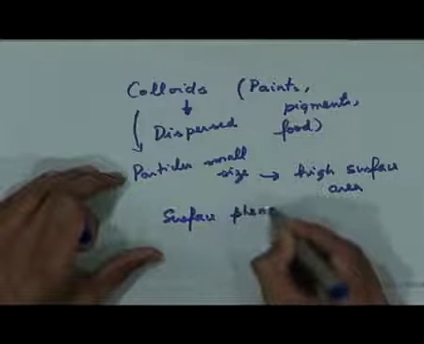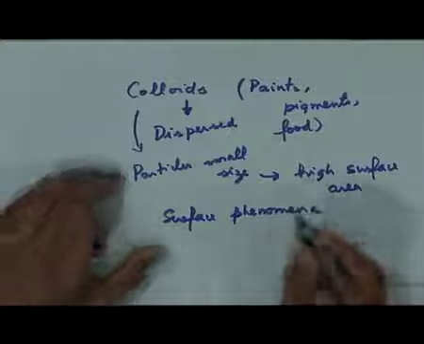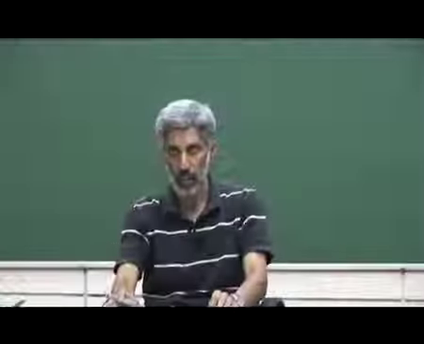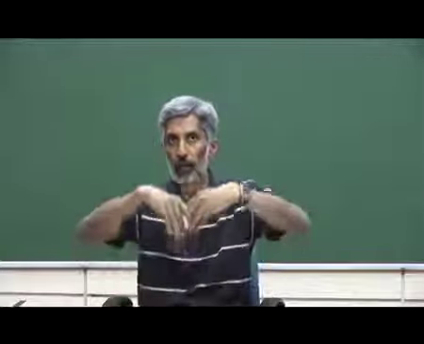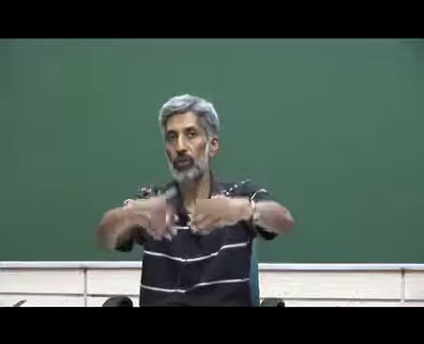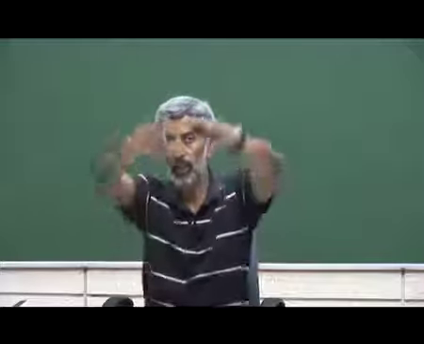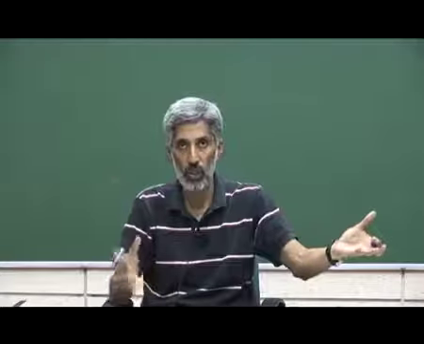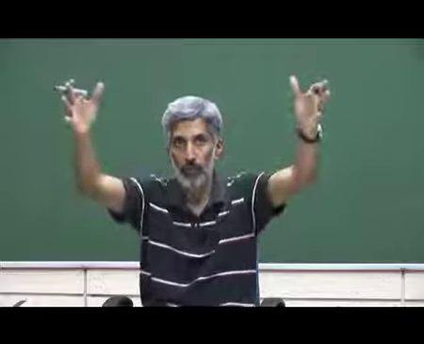So, the thing that holds us together in this chapter is, as the size of the particles decreases, we are going to have more and more importance of surface phenomena. So, that is the thing that holds these three things together: catalysis, colloids, all related to surface phenomena.